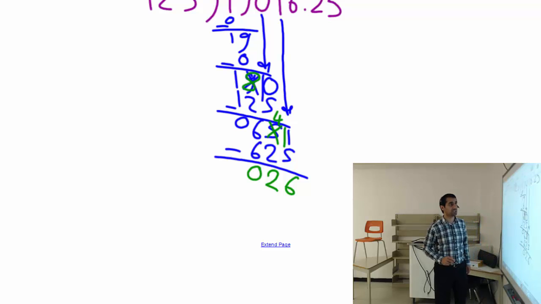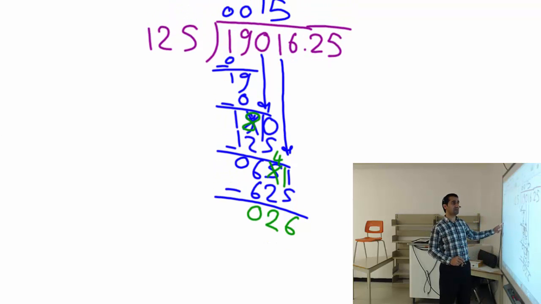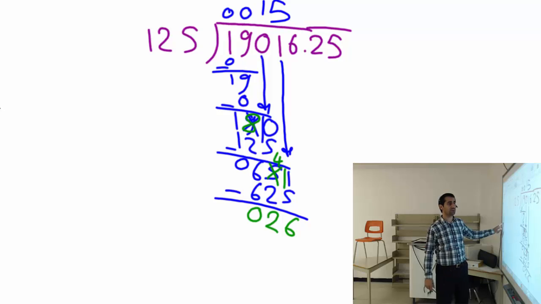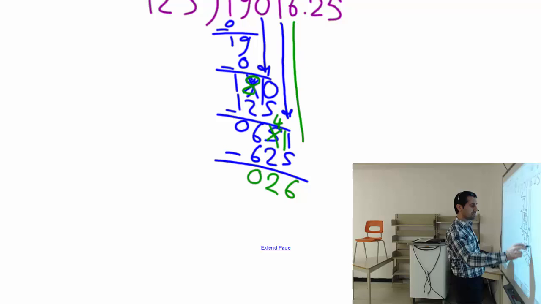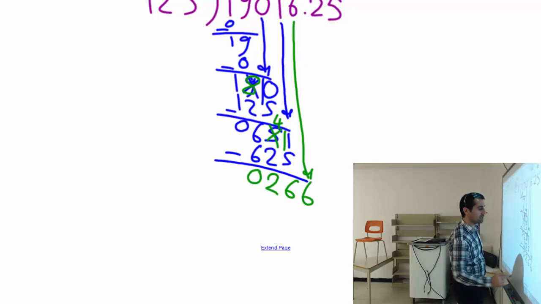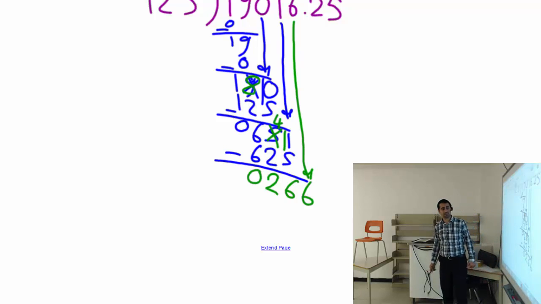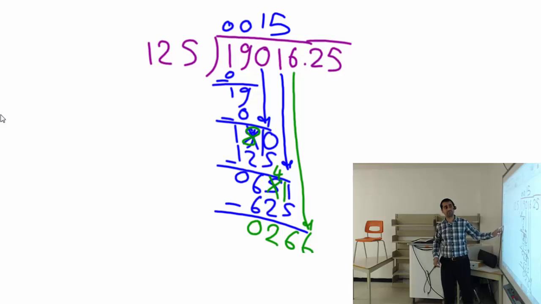Now I got 26. Let's bring down the next number. Be patient. Follow the rules. You'll be fine. 6 is going down. So 256. How many 125 do I have there? 2. That will make it 250.